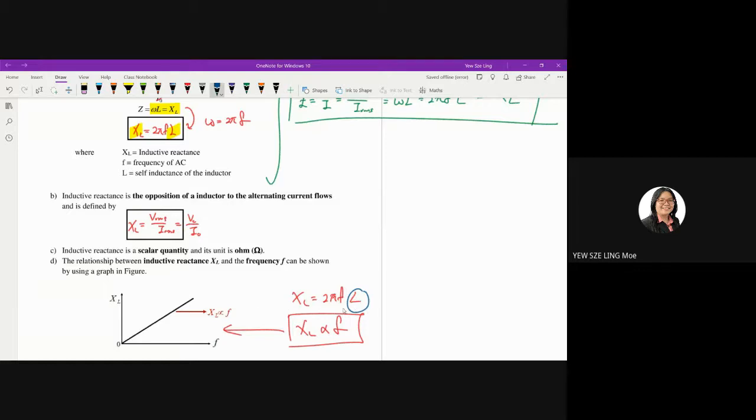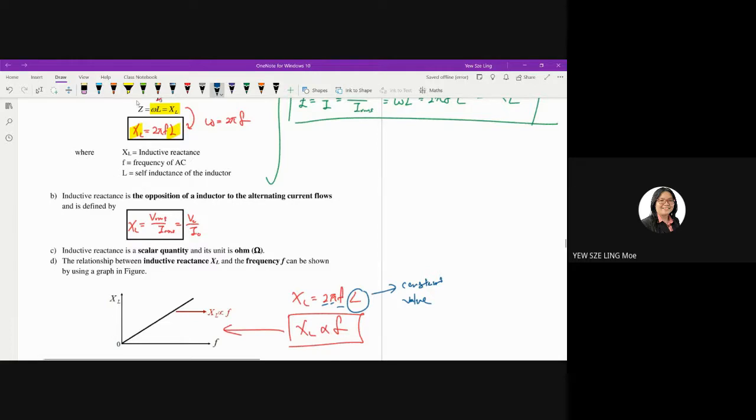It is only affected by frequency, because XL is directly proportional to frequency. And 2 pi and L are all constant values, provided you keep the same component without changing its physical structure.